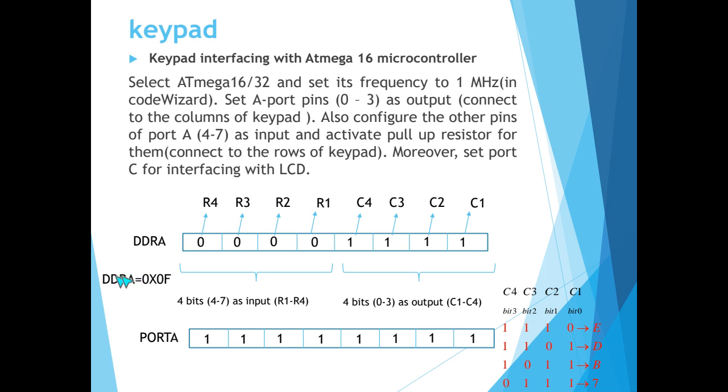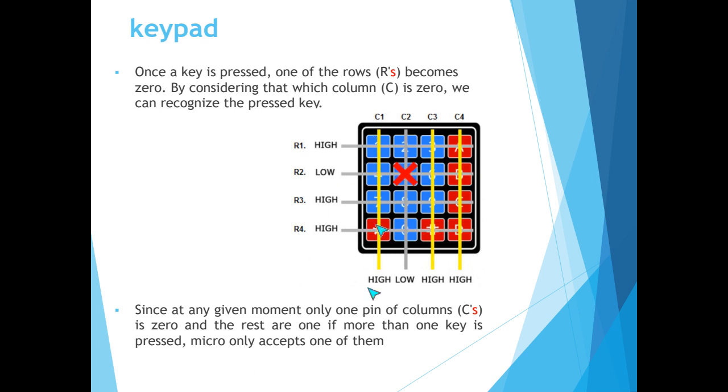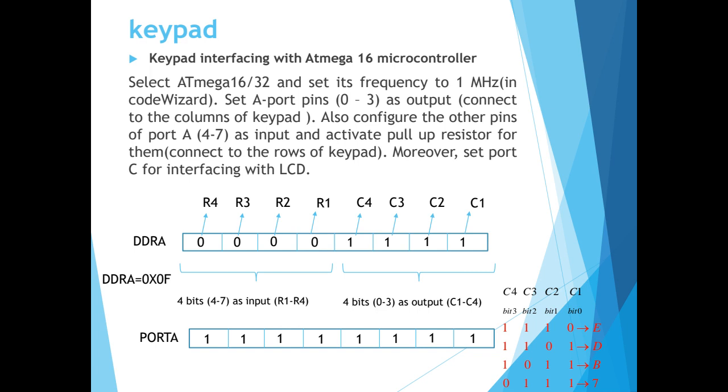Then, when we write the code related to the situation of the bits, we use DDRA equals 0x, then 4 zeros in hex is 0 and 4 ones is shown as F. Now we want to activate the pull-up resistor, and we want an initial value of 1 for all of the columns, because at first all of these columns have an initial value which is high, then respectively we make them 0, and also all of the rows have high voltage, or they have an activated pull-up resistor.